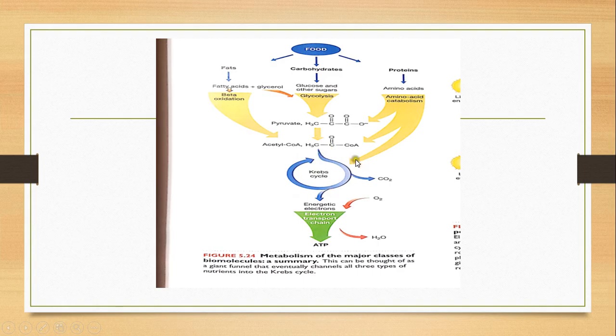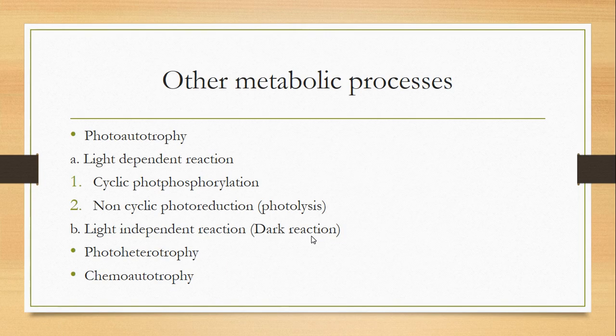The Krebs cycle liberates carbon dioxide, and electrons go to the electron transport chain and reduce oxygen into water and generate ATP. As we have discussed in class, one electron transport chain generates 34 ATPs.